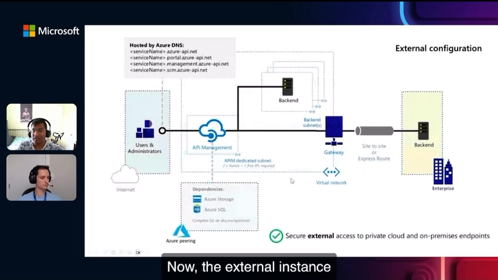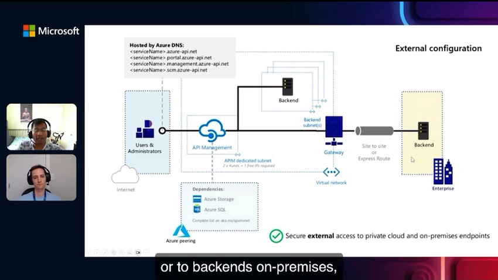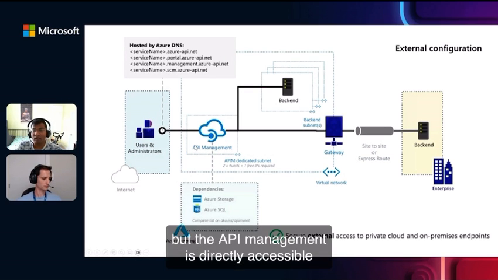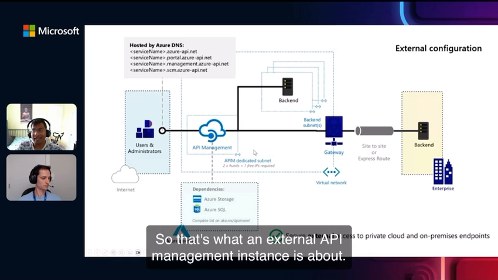Now, the external instance is where the API management is integrated into a virtual network for access to private backends or to backends on premises. But the API management is directly accessible to users and administrators through a public IP. So that's what an external API management instance is about.